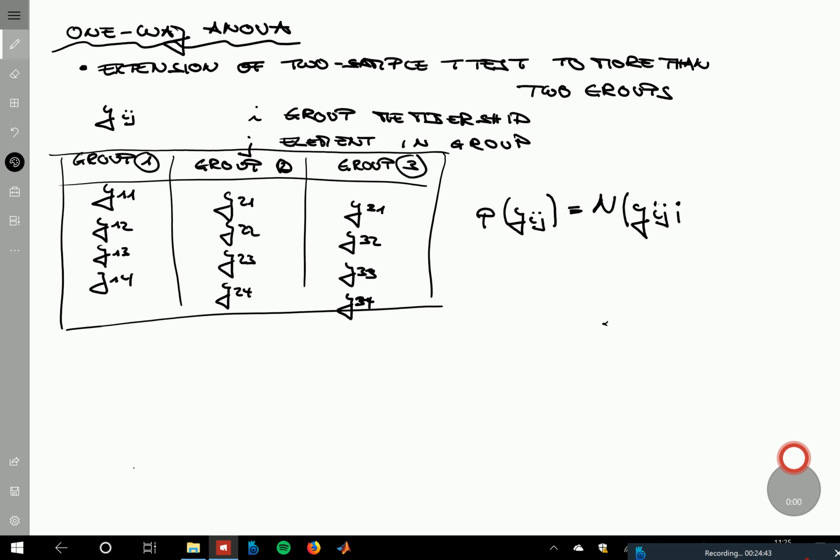with a group-specific mean and a common variance. Yeah, so that's fairly important. So that's the group-specific mean, or expectation, I should say.